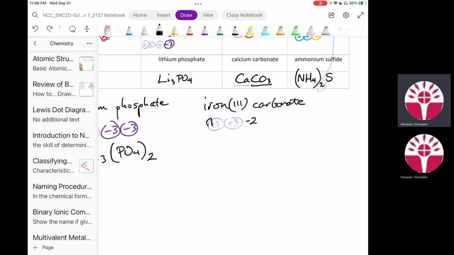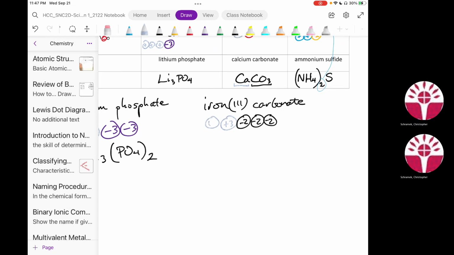I'm jumping ahead. So first step, whoops, first step. What's going on? Oh, that's silly. First step, draw the ion. So we're going to draw the iron ion. There you go. And we're going to draw carbonate, and then we're going to look at and add them until they balance out. So when you have this 3-2 split, you're always going to have 2 3s and 3 2s.